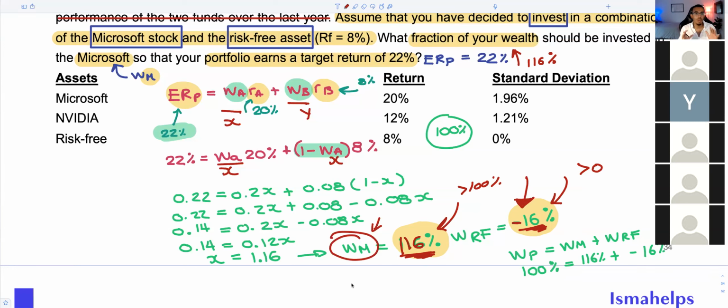No. You just want to be able to plug this in and to understand that sometimes the weights may be one positive number and one negative number, okay? And when you add them together, you're always going to get 100%. Because once again, it could only go up to being 100%, the combination of the 2 assets, but one individual asset could be equal to something bigger.